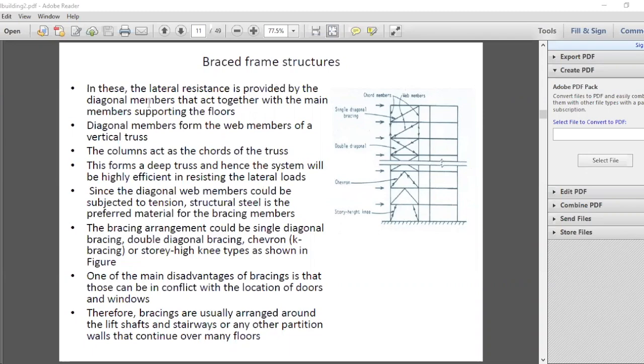So in this system, you can see the vertical columns, the horizontal beams, and in addition to that, you can also see some diagonal members. The lateral resistance is provided by the diagonal members that act together with the main members supporting the floors.